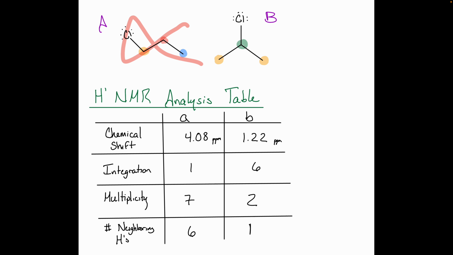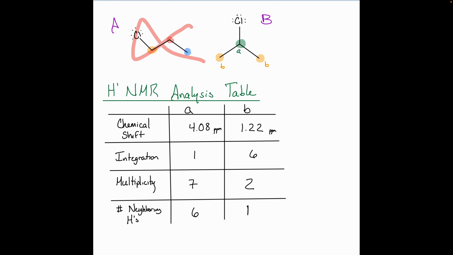So all of this information is pointing to green being A and my orange corresponding to peak B. In peak B, I have 6 hydrogens in that group. Its neighbor is just that 1 hydrogen from peak A. And now it's further upfield because it's a methyl group.